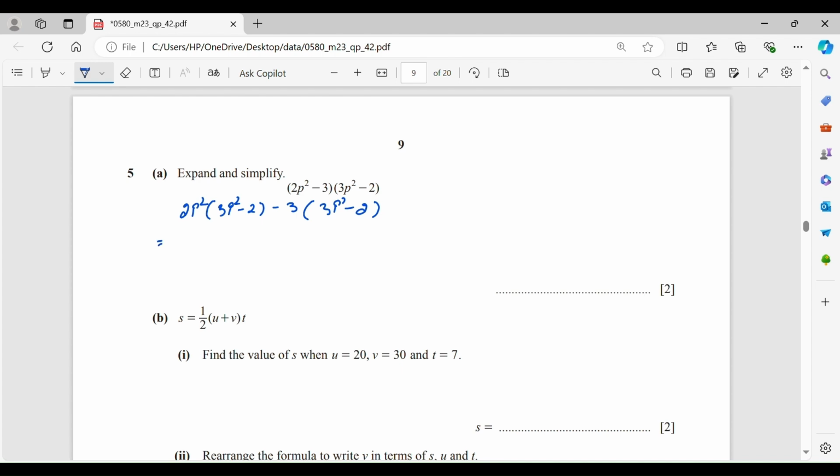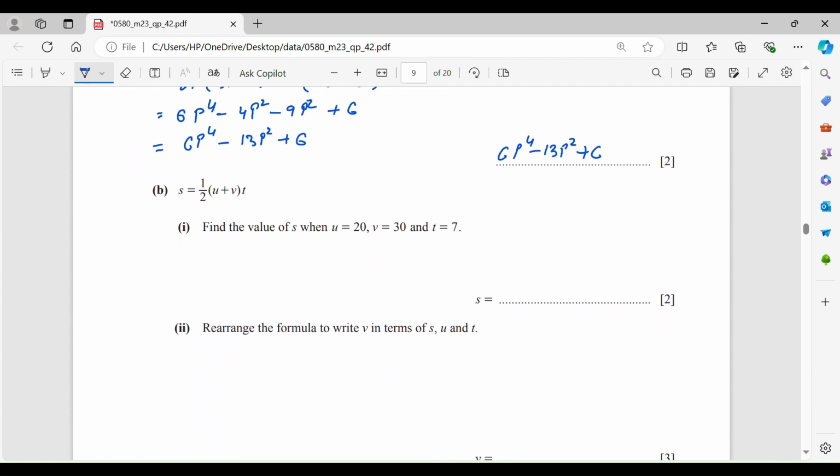So this will be 6p to the power 4 minus 4p squared minus 9p squared plus 6. So this will be equal to 6p to the power 4 minus 13p squared plus 6. This will be our answer.